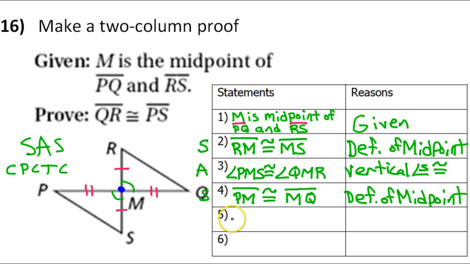So it's time to make the congruence statement. Triangle PMS is congruent to triangle, and you have to be careful of the order. If I say PMS, then I have to say QMR. And of course that is by side, angle, side postulate.